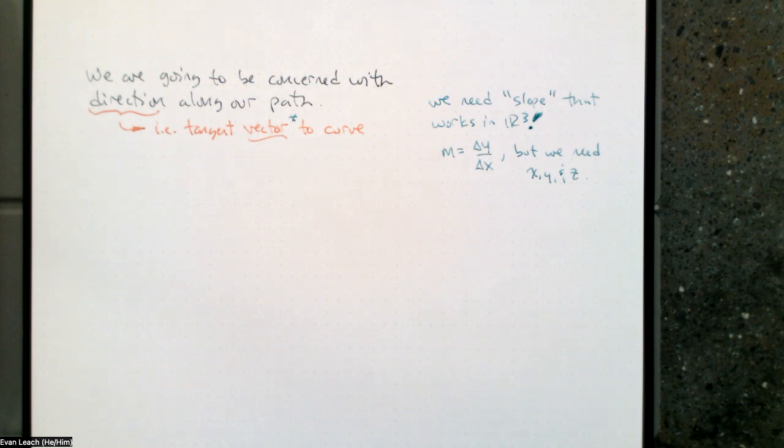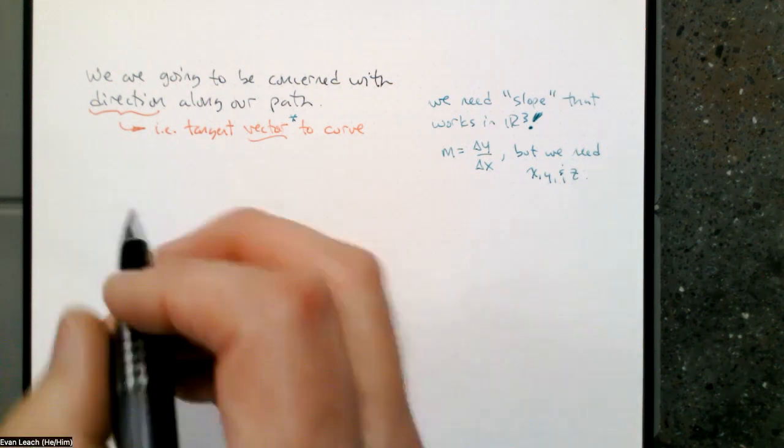So our direction is going to be described with a vector. Good news is it's easy to calculate. Just like we saw last week, we just take the derivative of each of the components.